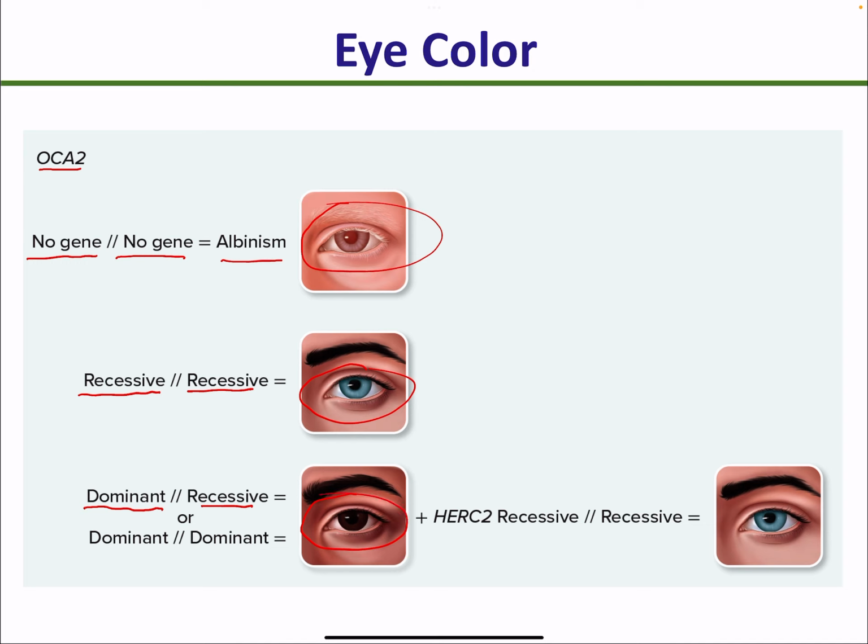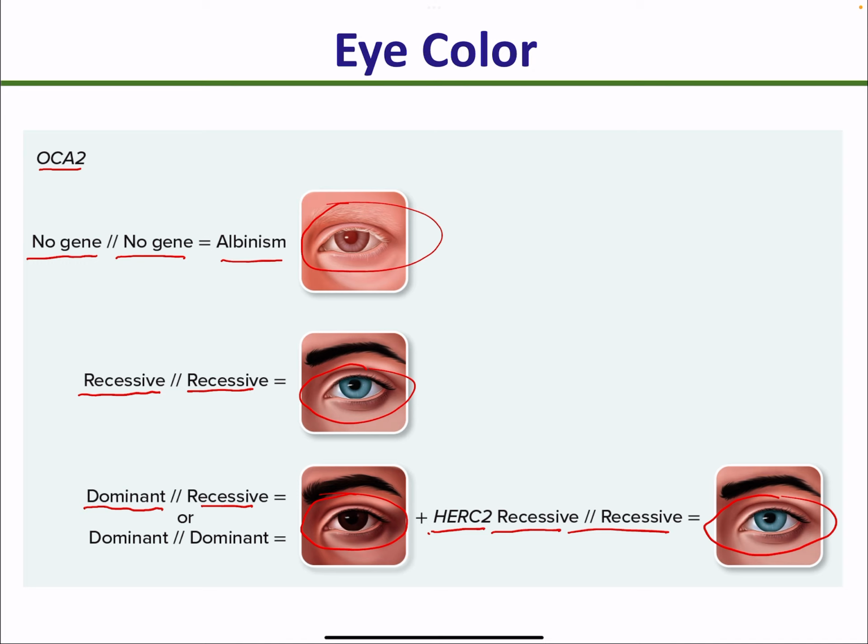Nevertheless, if in the individual who is homozygous dominant or heterozygous, there is a modification in the HERC2 gene, so that for the HERC2 gene, the individual is recessive. Interestingly, now the individual is going to have blue eyes.